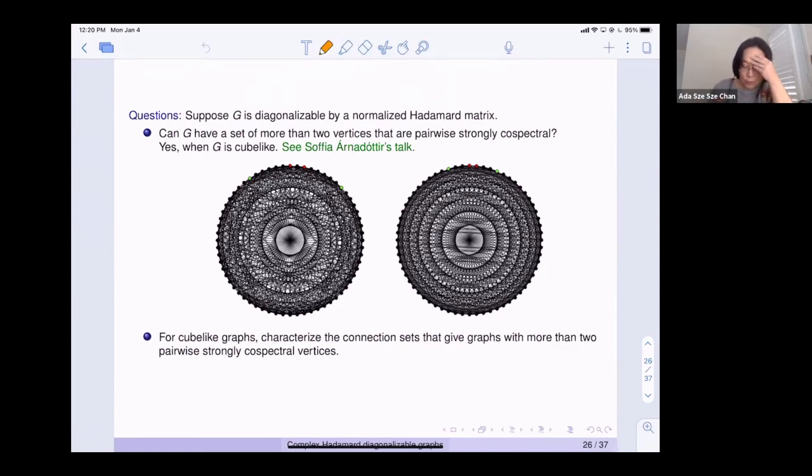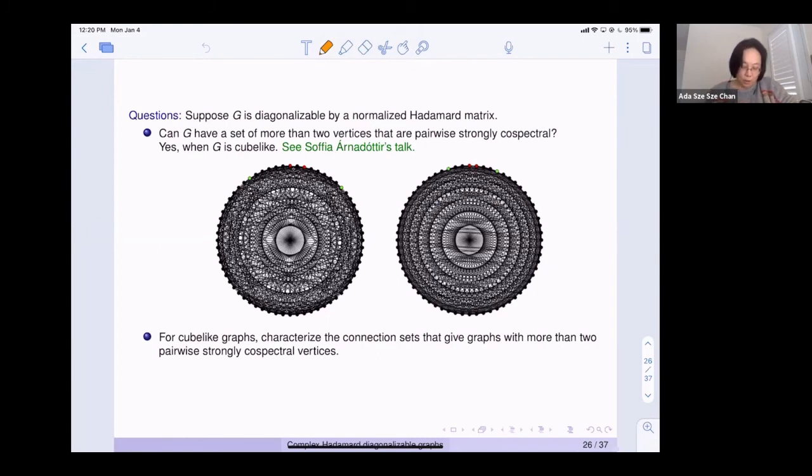Sophia not only found examples where you can have more than two vertices that are pairwise strongly cospectral, she showed that these vertices form an elementary 2 group, so they can come in 2, 4, any powers of 2.